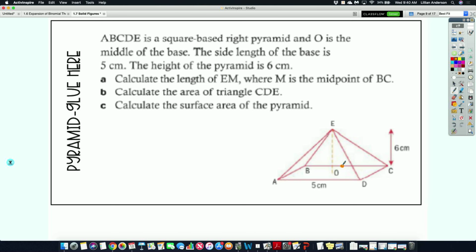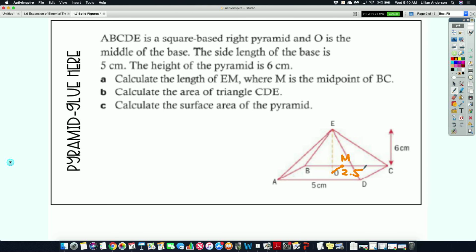Split it in half. So from B to M, how long is that going to be? 2.5. From M to C, how long is that going to be? From O to M, how long is that going to be? 2.5. Not a trick question. It's 2.5.